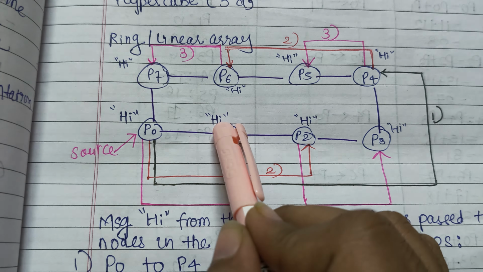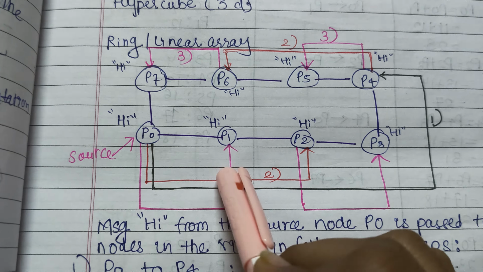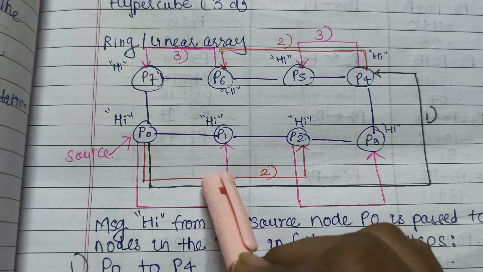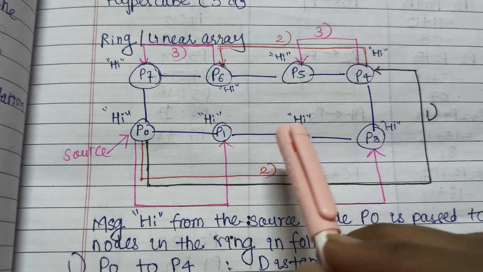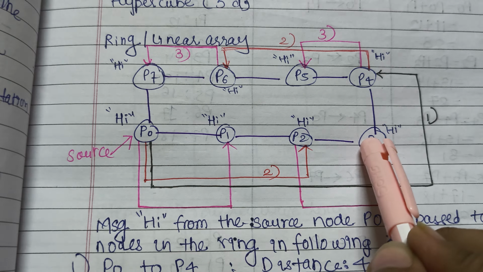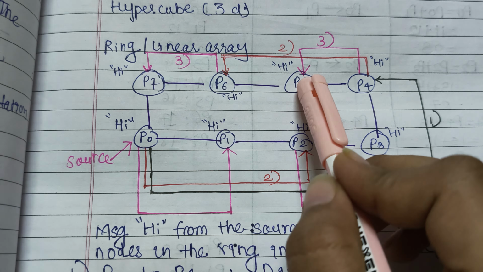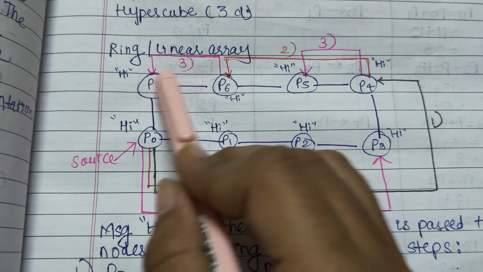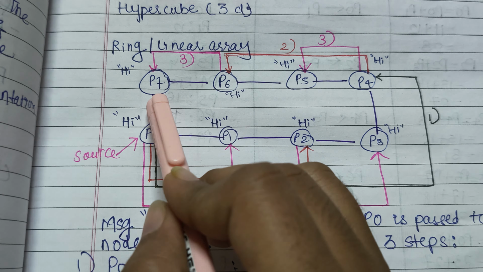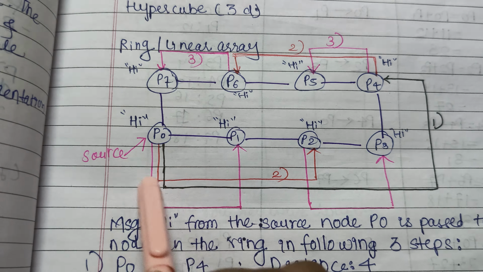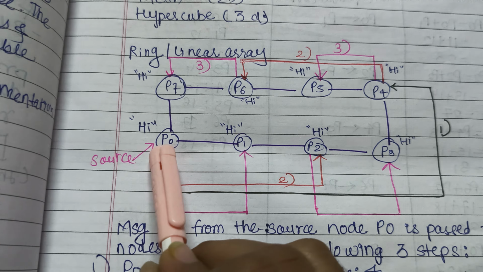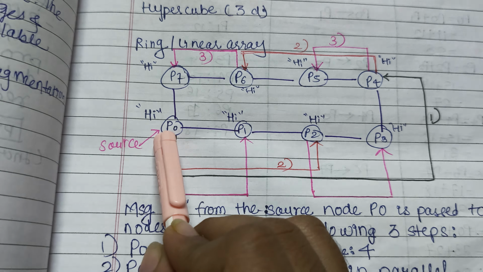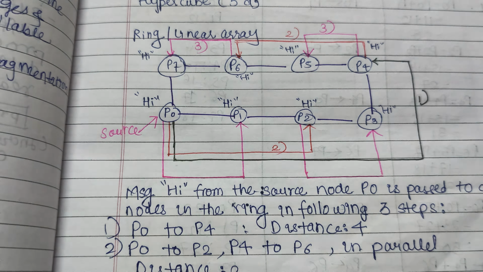So covering one distance, we will give the message to P1 from P0, and from P2 to P3. Similarly, P4 to P5, and P6 to P7. In this way, all the nodes will get the message, which is hi, and this is how one node to all broadcast happens.